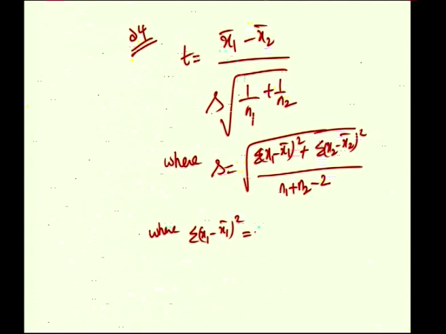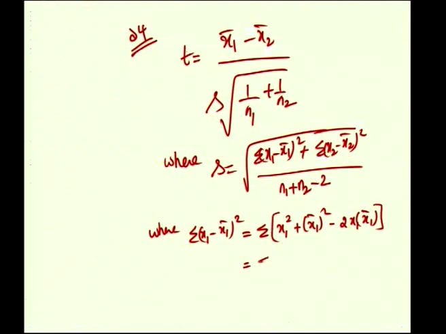What is that? This is equal to summation, using a minus b whole square, x1 square plus x1 bar whole square minus 2 x1 into x1 bar. After simplification, this goes as summation x1 square plus n into x1 bar whole square minus 2 x1 bar into summation x1.